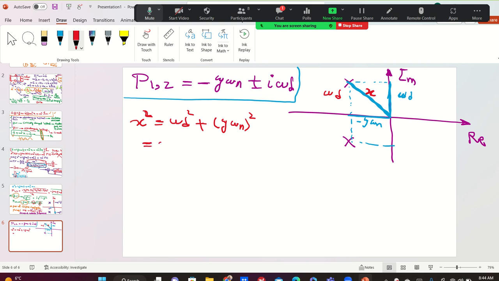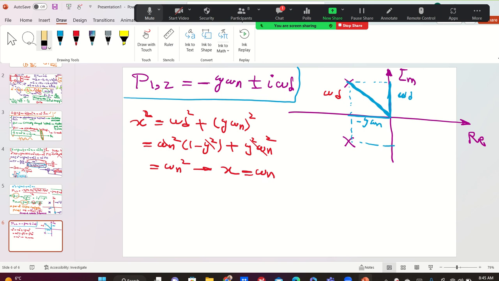Omega d squared is omega n squared times 1 minus zeta squared, plus zeta squared omega n squared. This with this goes, and the result is omega n squared. So the hypotenuse of this triangle is omega n, the natural frequency. Interesting to know. So here is the natural frequency.